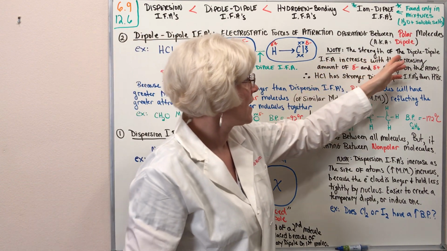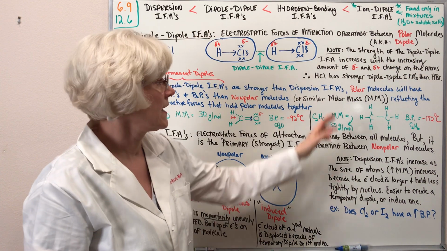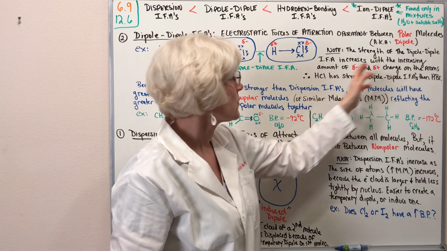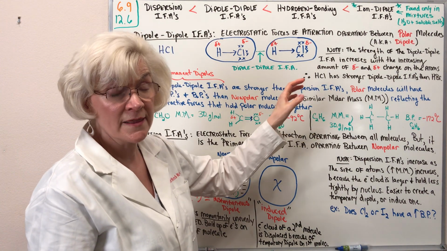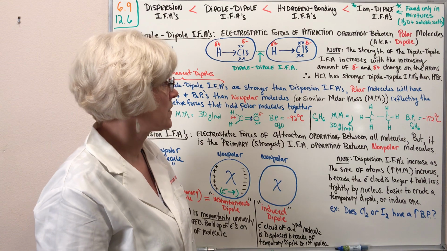And note that the strength of the dipole-dipole IFA increases with the increasing amount of partial negative and partial positive charge on the atoms that make the polar molecule.